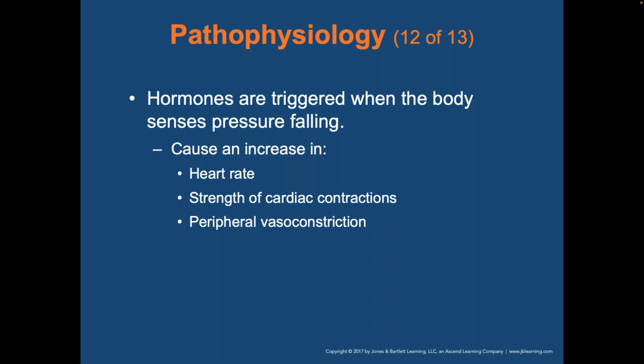This response by the autonomic nervous system causes the release of hormones such as epinephrine and norepinephrine. Remember, we talked about neurotransmitters. Hormones cause an increase in heart rate and in the strength of cardiac contraction and vasoconstriction in non-essential areas, primarily in the skin and GI tract, which we call peripheral vasoconstriction.